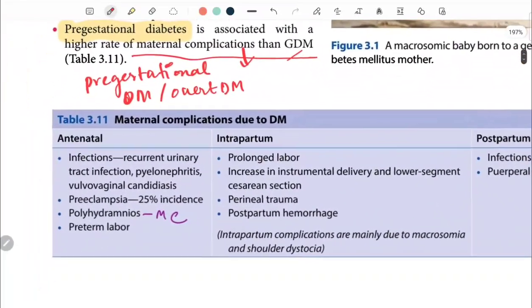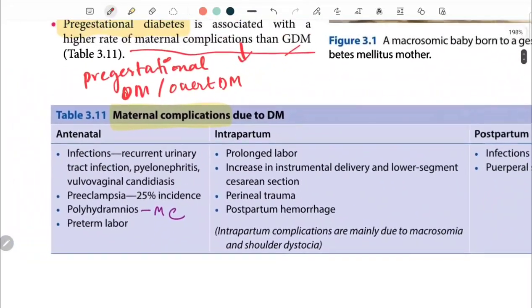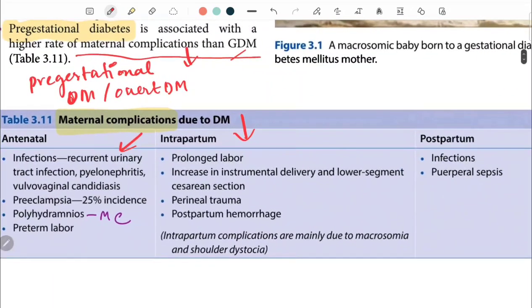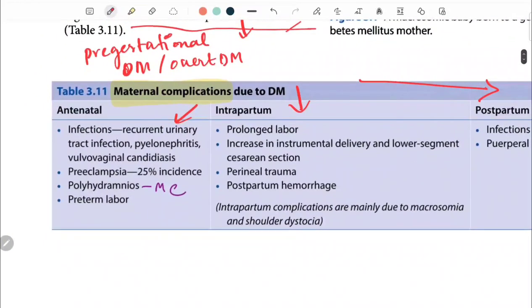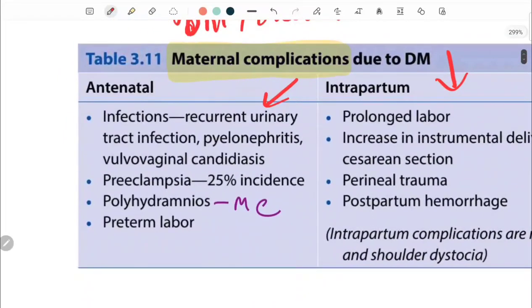So what are the maternal complications due to diabetes mellitus? You can categorize them as antenatal, intrapartum, and postpartum. During the antenatal period, the first and most important complication is infections, such as recurrent urinary tract infection, pyelonephritis, and vulvovaginal candidiasis.